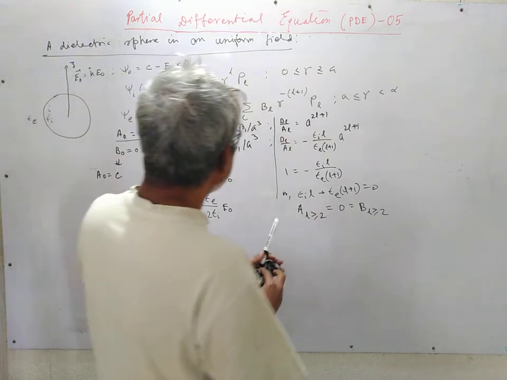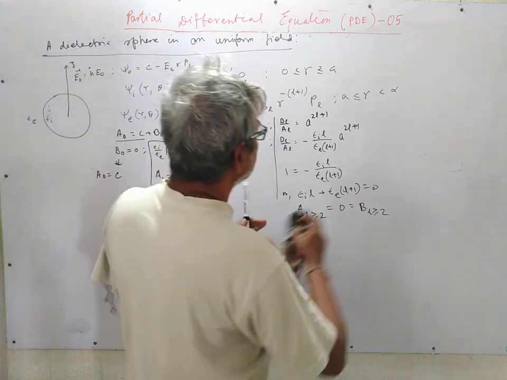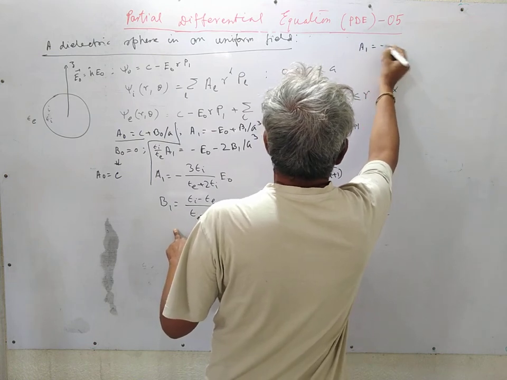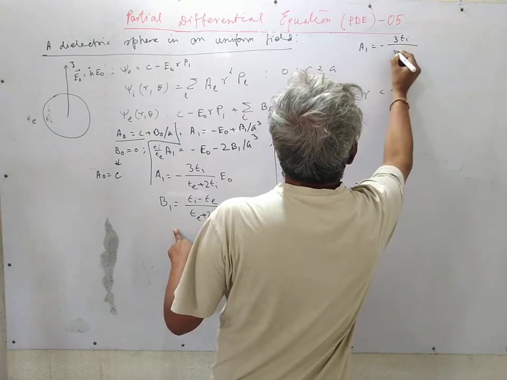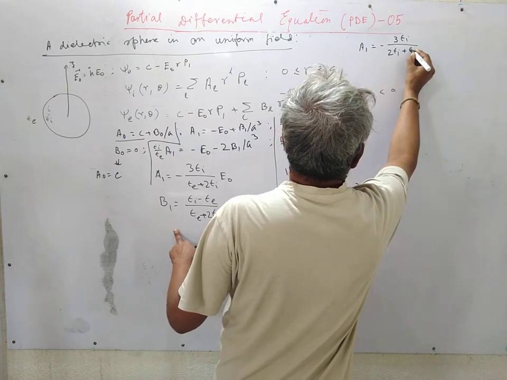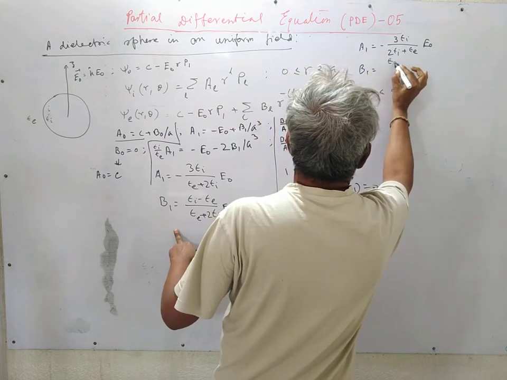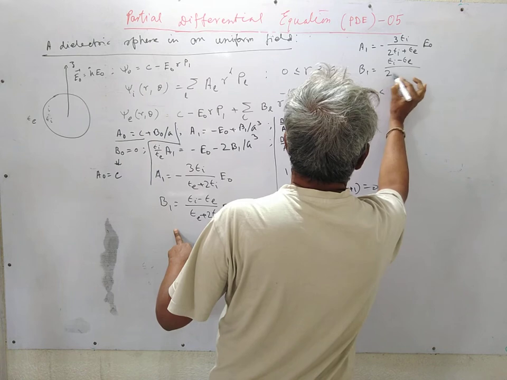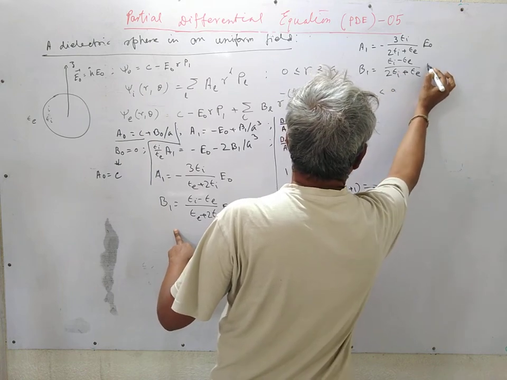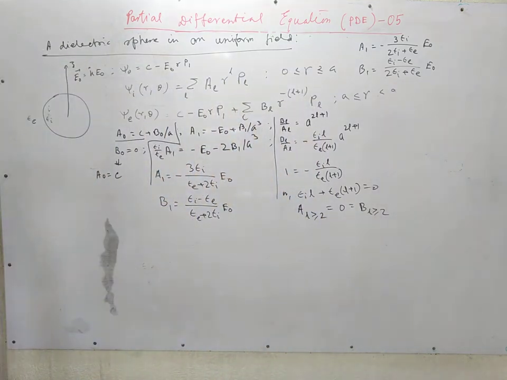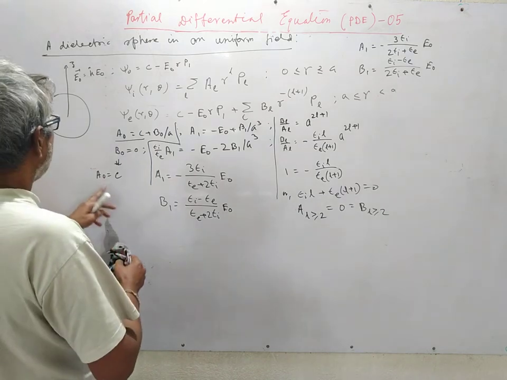So the potential, if we write, keep the values of A1 is equal to minus 3 epsilon I over 2 epsilon I plus epsilon E, times E0, and B1 is equal to epsilon I minus epsilon E over twice epsilon I plus epsilon E, times E0.